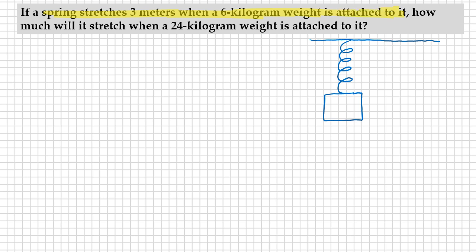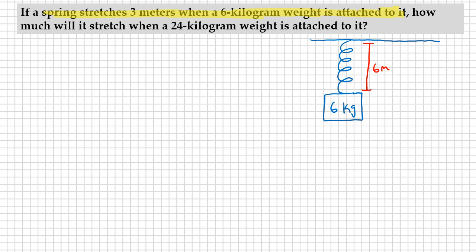Right, so it looks like the 6 kilogram weight is here at the bottom, and the spring is stretching 3 meters. How much will it stretch when a 24 kilogram weight is attached to it?